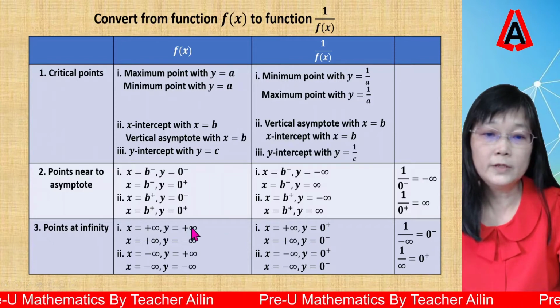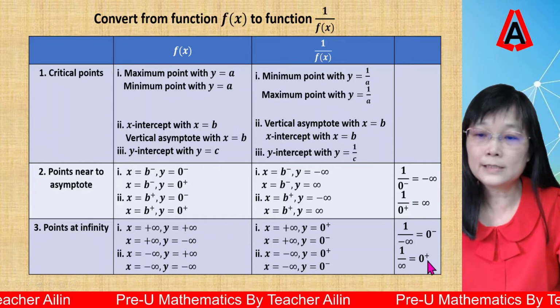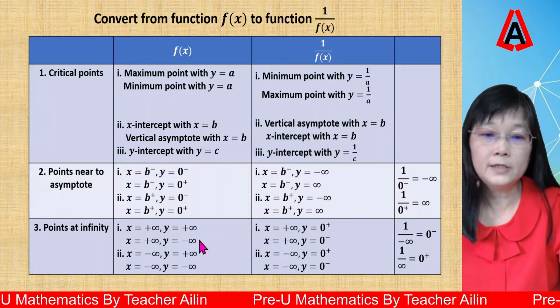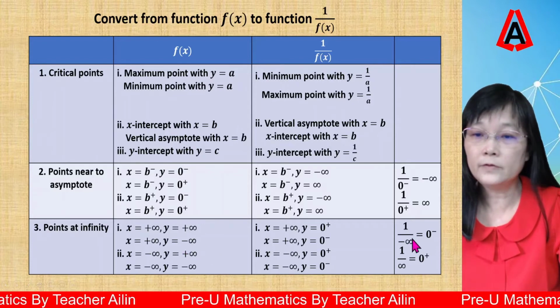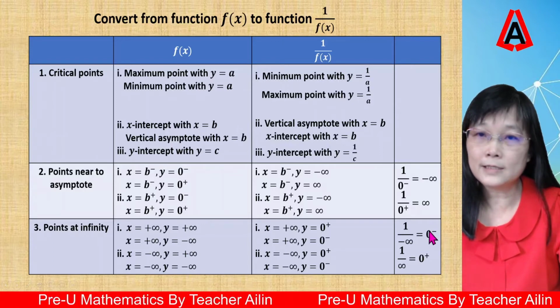If the very big number is positive, then the small number is slightly greater than 0. If the very big number is negative, then it will be slightly less than 0.